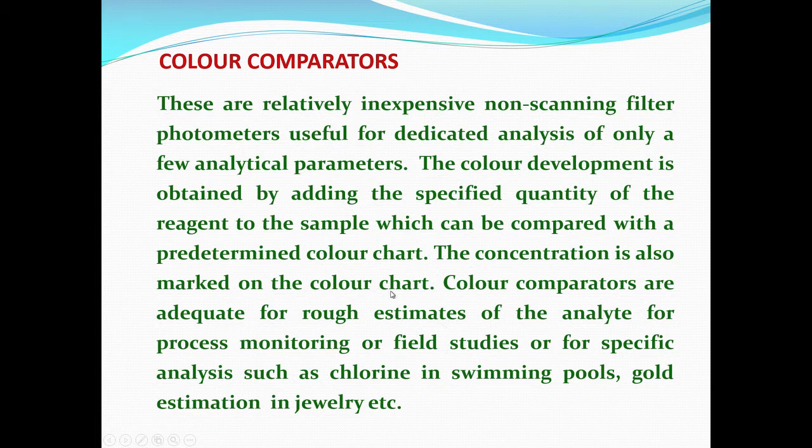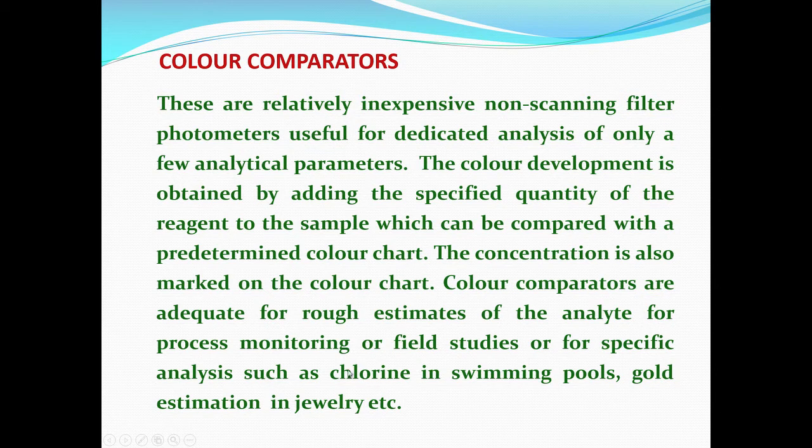They are adequate for rough estimates of the analyte concentration. These are useful for process monitoring or field studies, where you do not need a very accurate analysis, but quite often we need a pass or fail test.